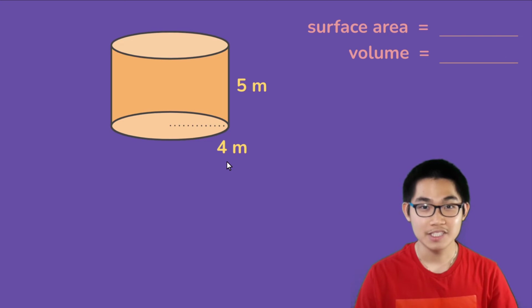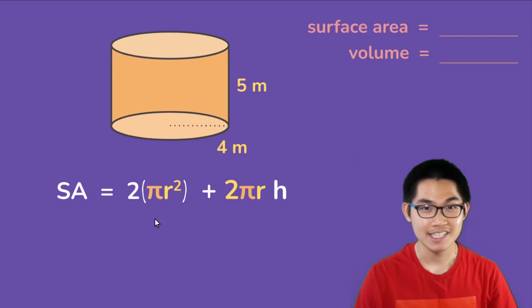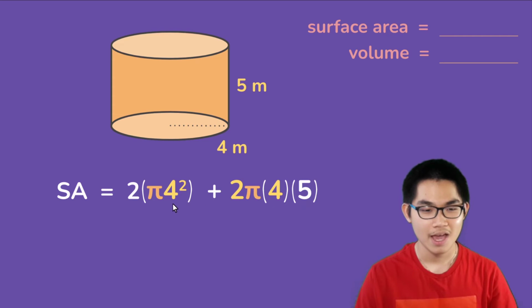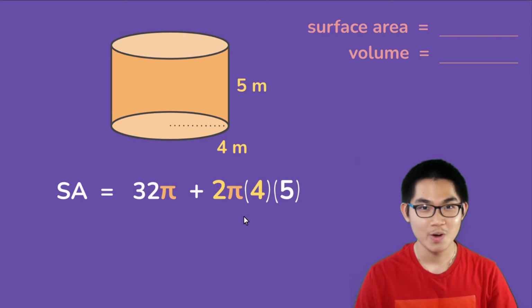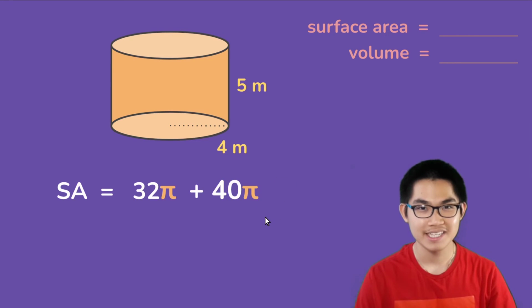Now, the surface area is this formula, and the radius is 4, and the height is 5. 4 to the power of 2 gives you 16, and 16 times 2 is 32. Over here, 2 times 4 is 8, and 8 times 5 is 40.